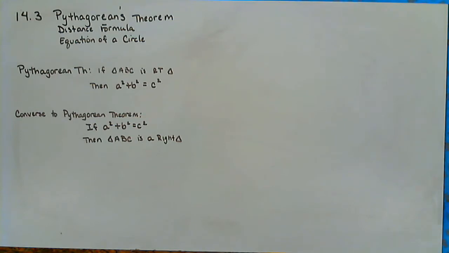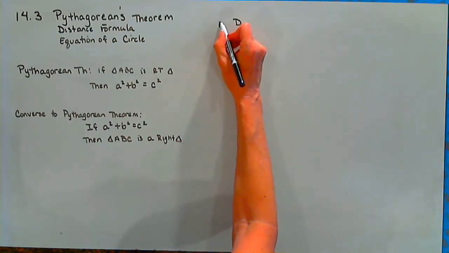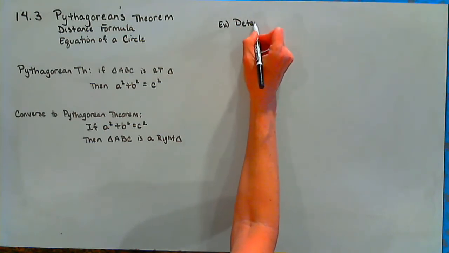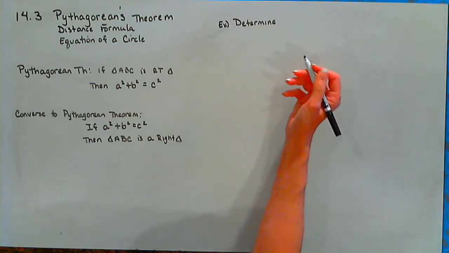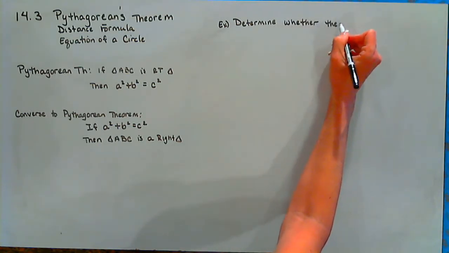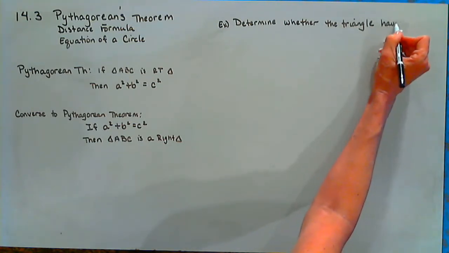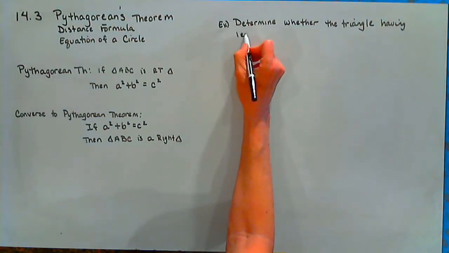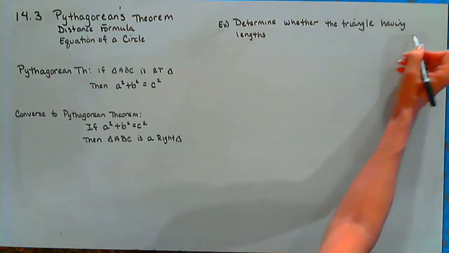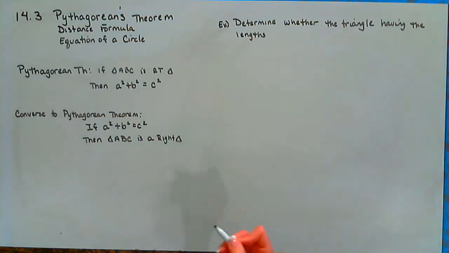Okay, so let's take a look and see how we might be able to use that. So let's do a couple of examples. Let's, for example, determine whether the triangle having the following lengths, the lengths given, is a right triangle.